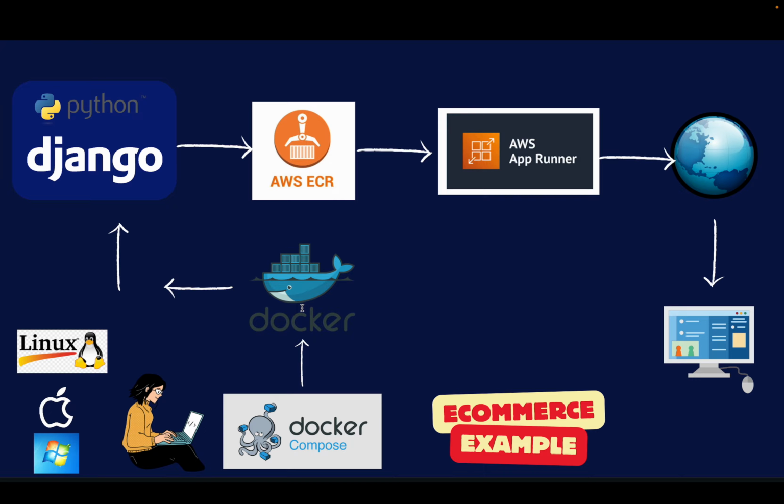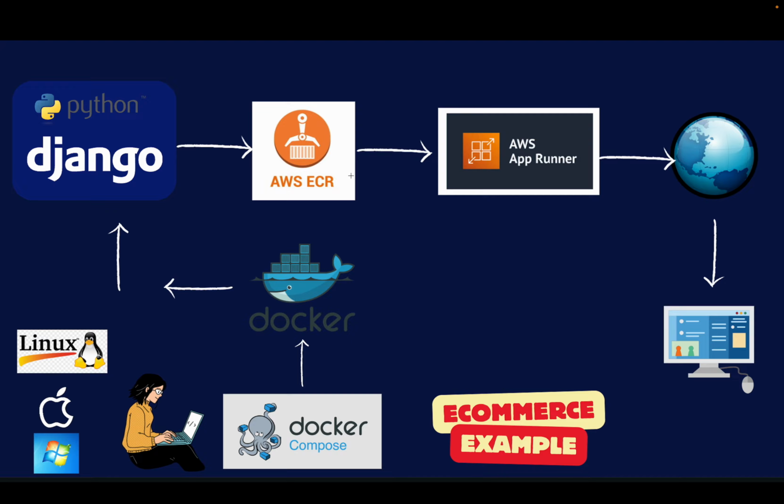Once we Dockerize and test that in the local machine, we will push that Docker image to ECR. What is ECR? ECR is like a GitHub repo, but instead of putting code, we are putting the entire container image there. So it is a repo of Docker images.